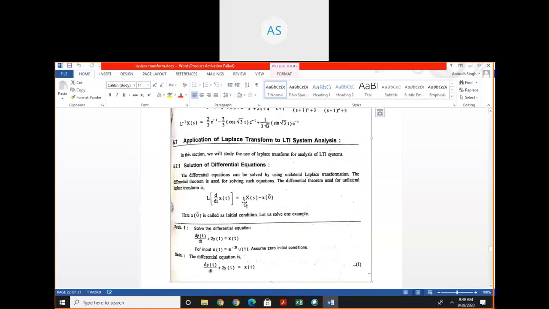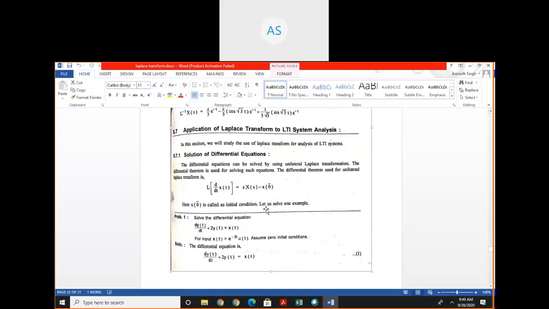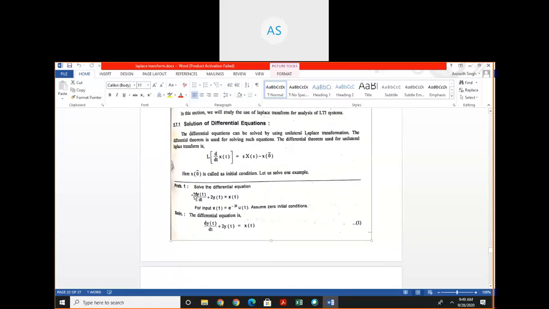If we take the inverse Laplace transform of this, we get 2 by 3 exponential minus t, minus 2 by 3 cos under root 3 t exponential minus t, and similarly plus 1 by 3 under root 3 sine under root 3 t multiplied by exponential minus t.